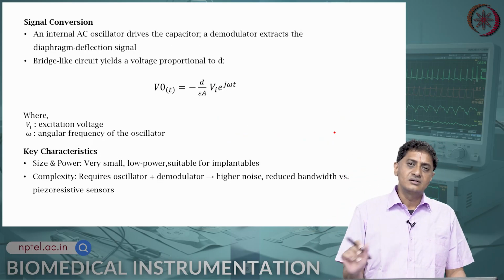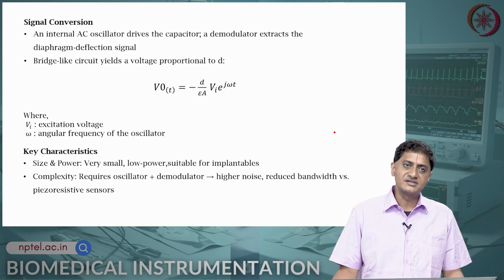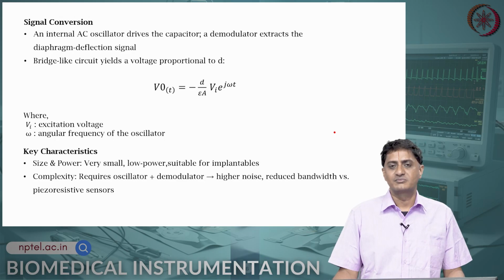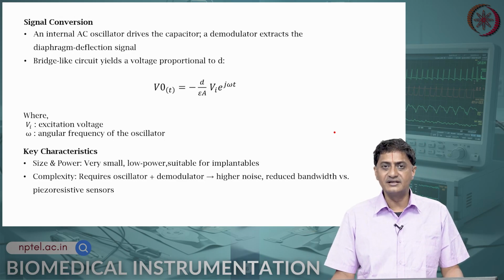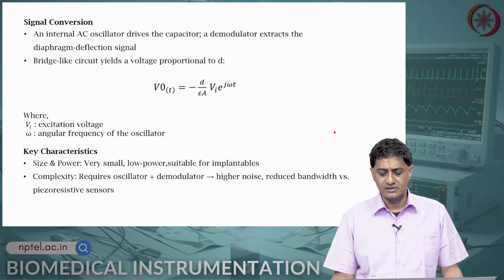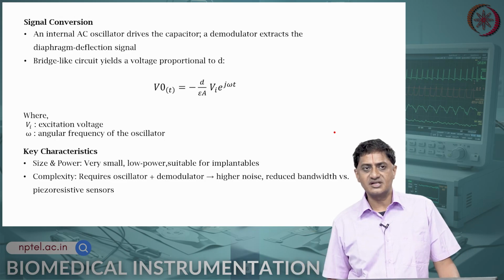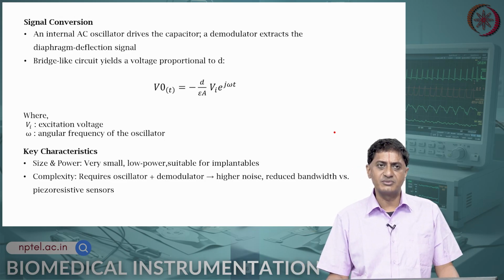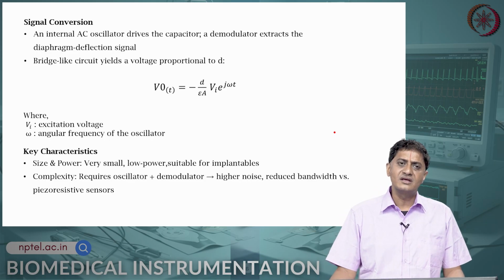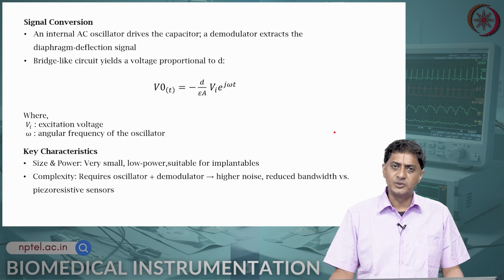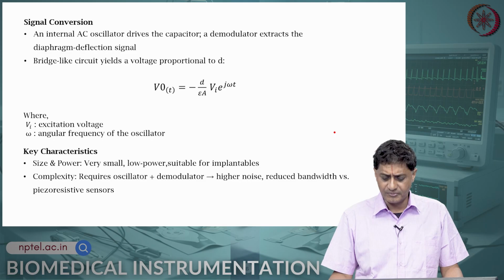We could power this capacitive pressure sensor using an internal AC oscillator and a demodulator that extracts the output, the diaphragm deflection signal. Now, the output voltage and the input voltage will be of the same form.